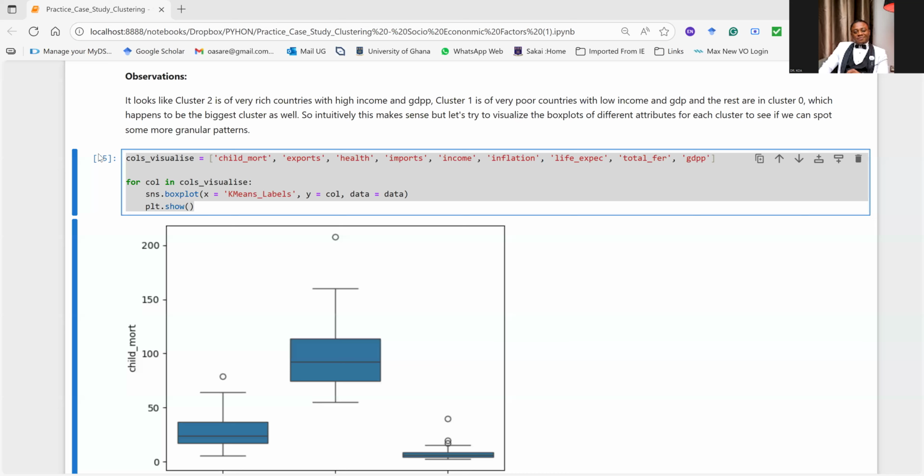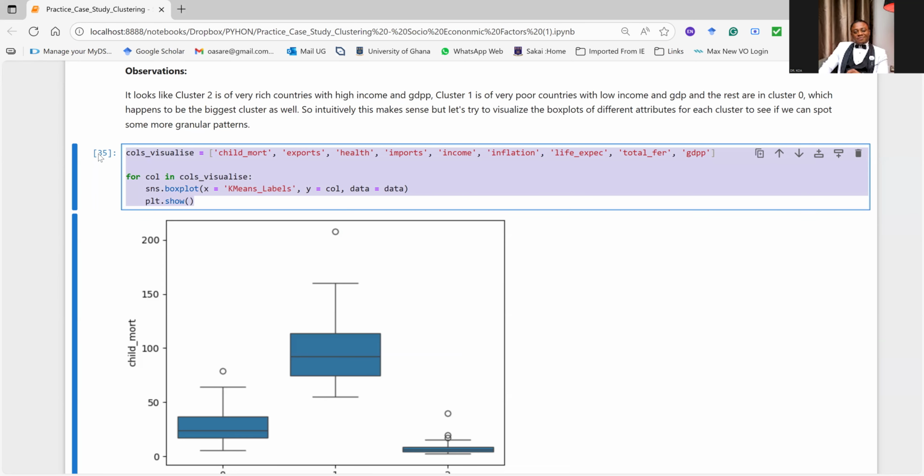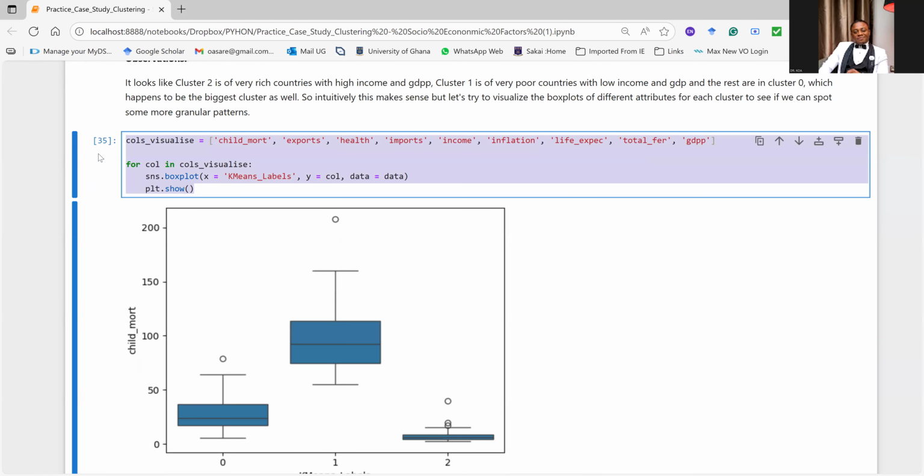But from the first instance, what do you notice about the grouping? Just looking at child mortality, what would you say? Do you know that group 2 are the rich countries? And what do you see about the child mortality of these countries?